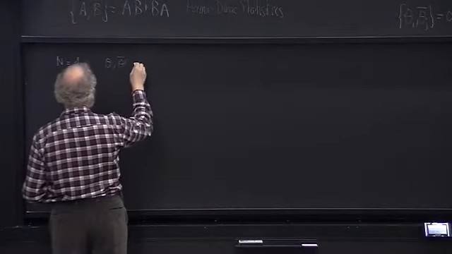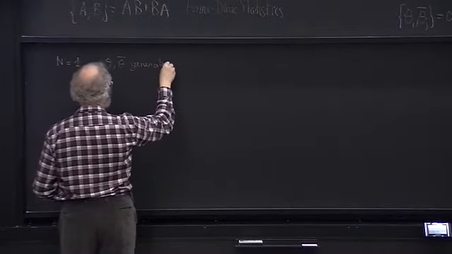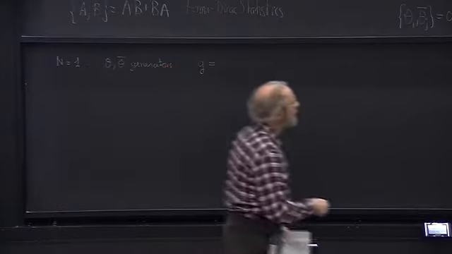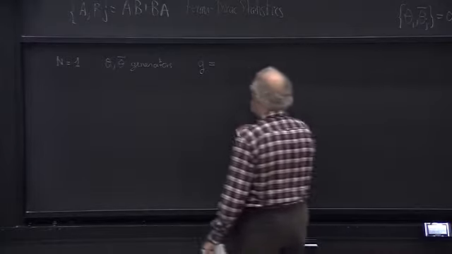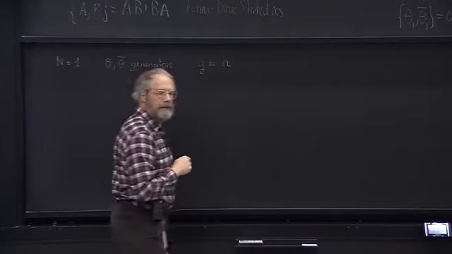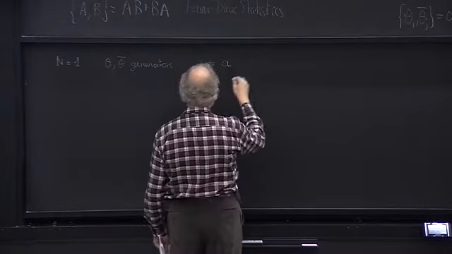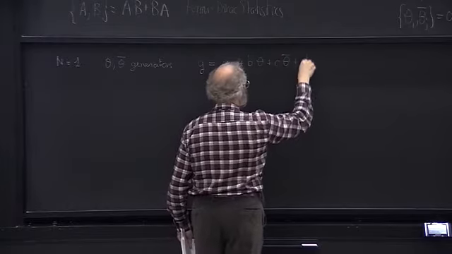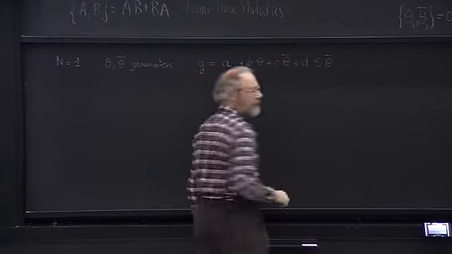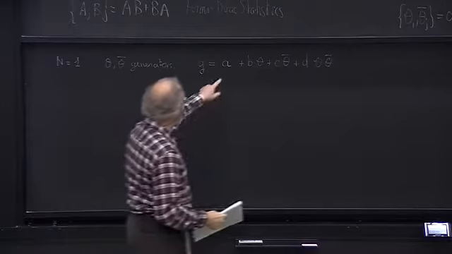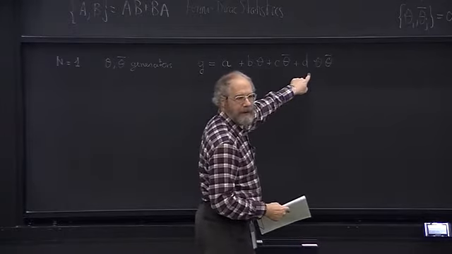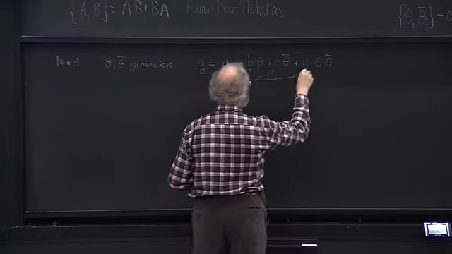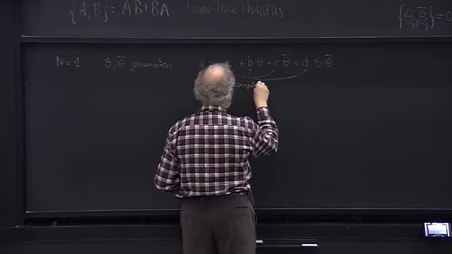And a general element G can be a linear combination: a complex number A times identity, if you want, plus B times theta, plus C times theta bar, plus D times theta theta bar, and that's all you get. So you see you have 4 elements. A, B, C, D are complex numbers.